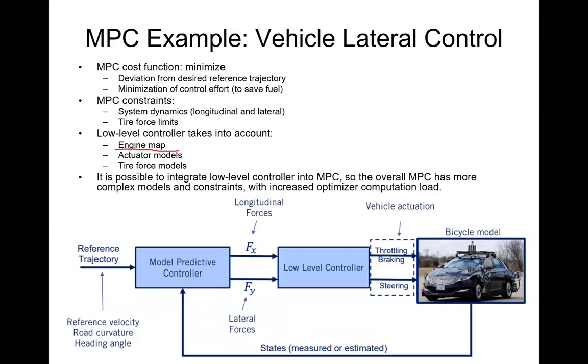So that's a nonlinear controller, and the map is tuned with a so-called calibration process. A lot of trial and error, so not a whole lot of control theory. So that's the low-level controller.